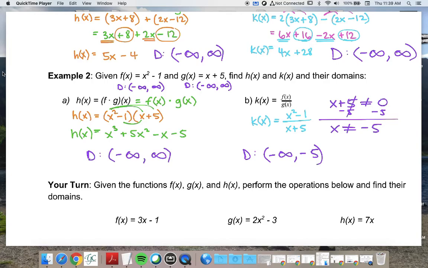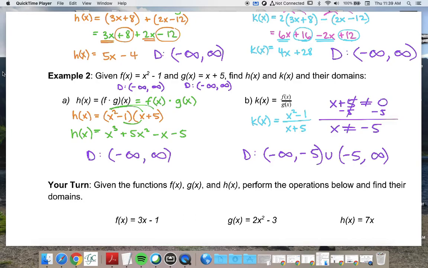And then we're going to pick back up on the other side of negative 5. So this means our graph is going to get infinitely close to negative 5, it's just not going to touch it. And then on the other side, it's going to get infinitely close to negative 5, it's just not going to touch it. So we're going to use a union to show that there's another piece to our graph that's going to start at negative 5 on the other side, and then it will continue off to infinity.